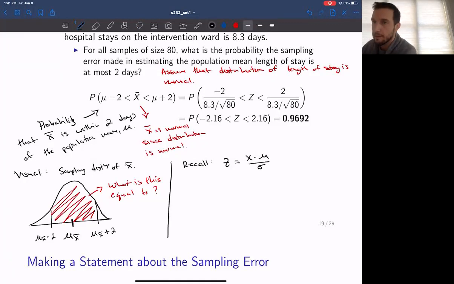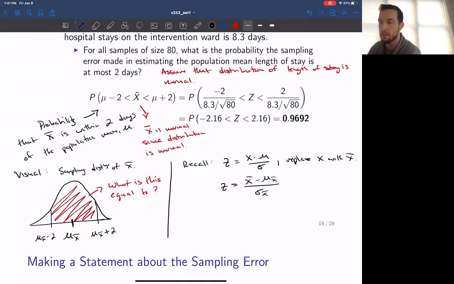So if I replace X with X bar, then I have Z is equal to X bar minus its mean over its standard deviation.